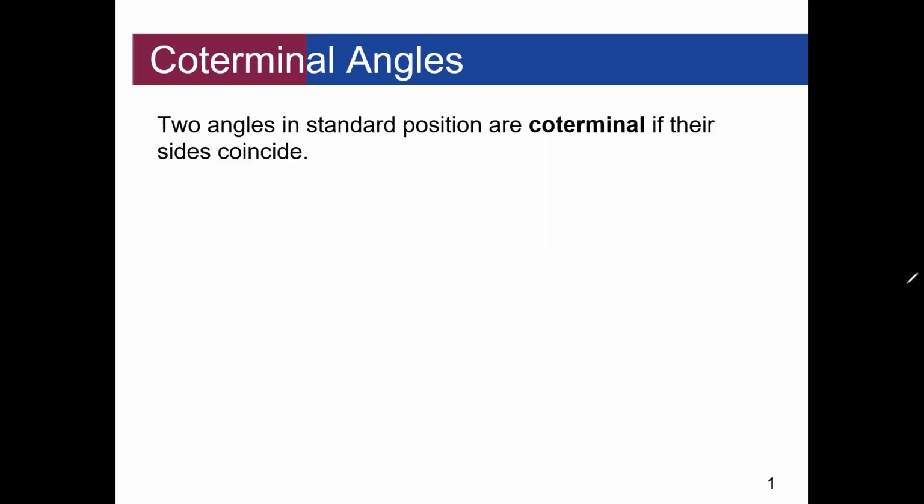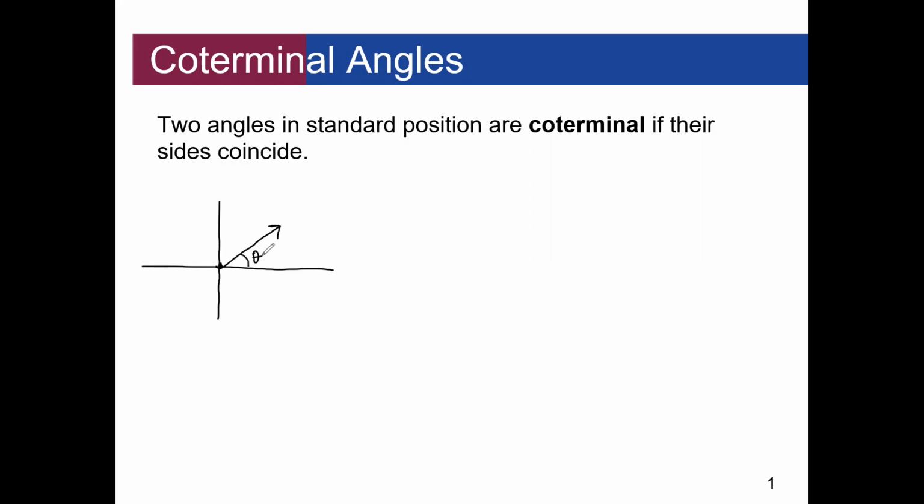Okay, so coterminal angles. Two angles in standard position are called coterminal if their sides coincide, which means this. So if I start with an angle right here, let's say the angle in standard position is this, in the first quadrant, this is theta.